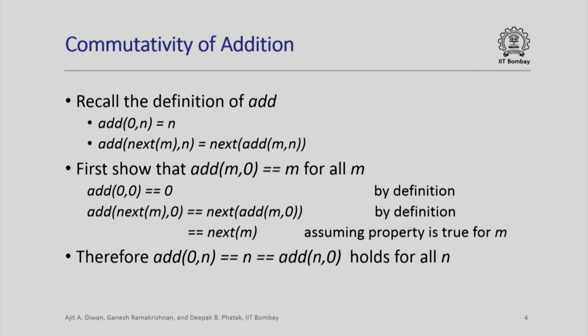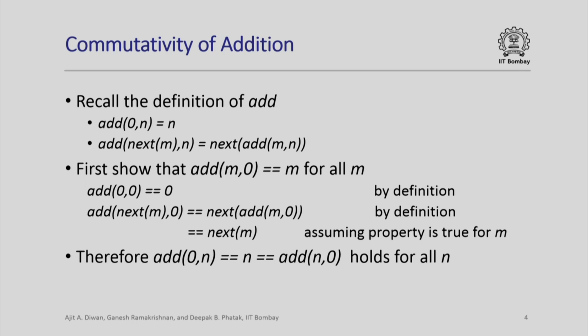So, we will first show that add of m comma 0 is equal to m for all m. Note that our definition is add of 0 comma n is equal to n for all n. We have not defined that add of m comma 0 is m for all m, but we can actually formally prove it. How is that? Add of 0 comma 0 is 0 because of the first definition, which says that add of 0 n is n for all n.